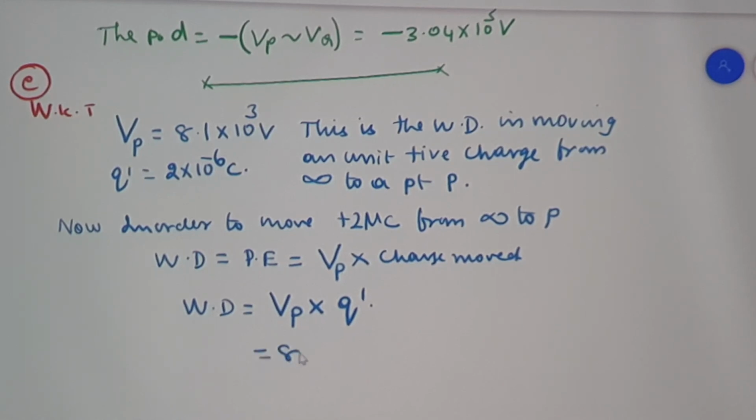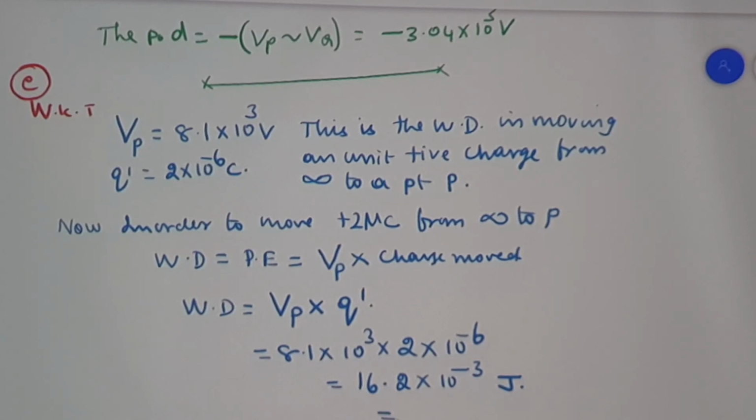So Vp is 8.1 into 10 to the power of 3 multiplied by 2 into 10 to the power of minus 6. So what is the answer? 16.2 into 10 to the power of minus 3, and the work done we can express in terms of joule.